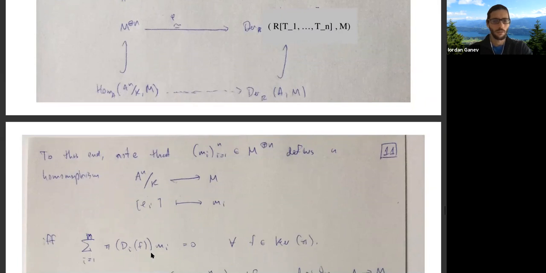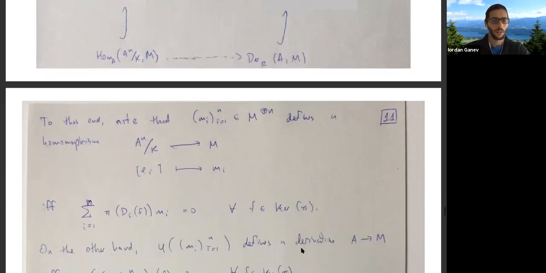This is just the definition of K. K is generated by all the things of this form, except now we want to go to M, so we replace the e_i by m_i. If this identity holds for our n-tuple, then we get a map from this quotient. And this has to hold for everything in the kernel of pi, the defining ideal of A.